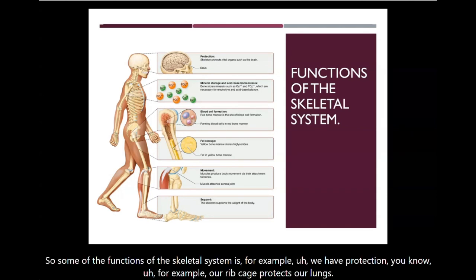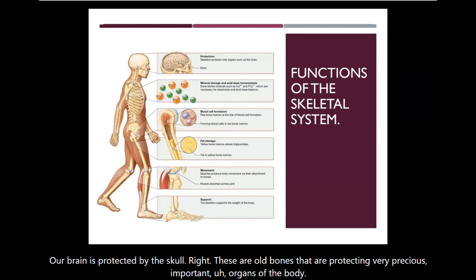Some of the functions of the skeletal system: for example, we have protection. Our rib cage protects our lungs, and our brain is protected by the skull. These are all bones protecting very precious, important organs of the body.